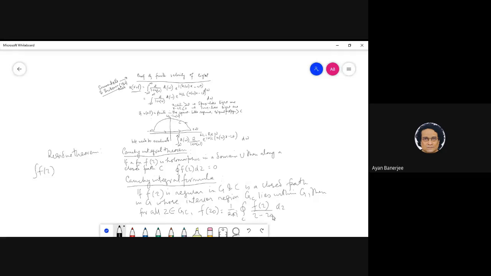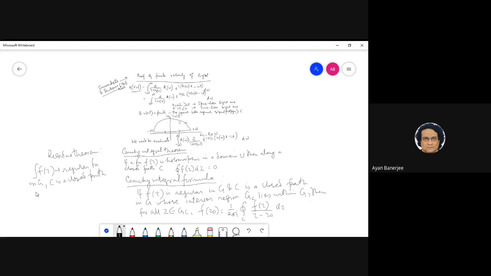So basically, for the residue theorem, I am again defining f(z) as a regular function in G, and C is a closed path. These are things you all know. I'm just writing these here so that these notes are complete.